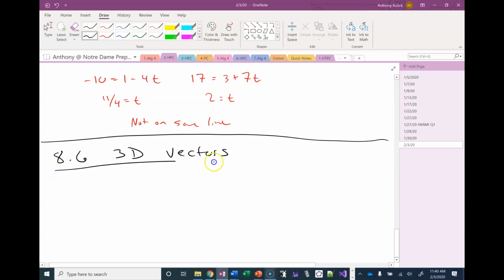Okay. Next up, we're going to start talking about 3D vectors.